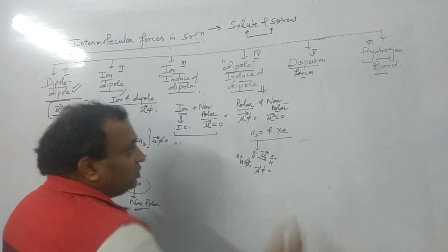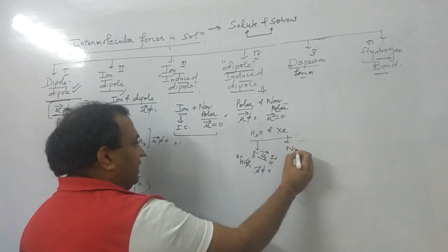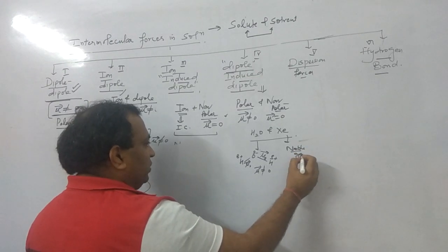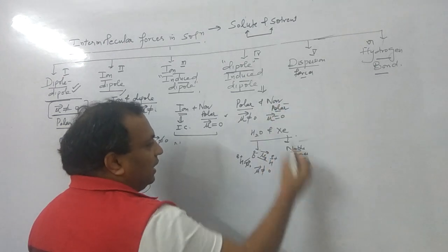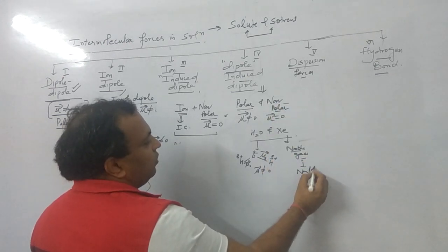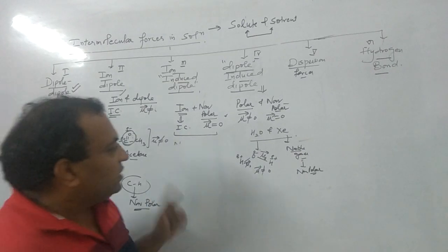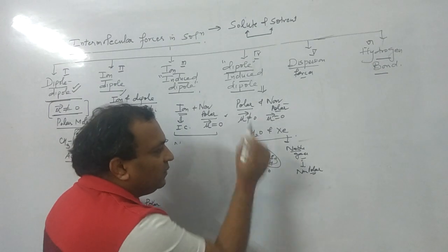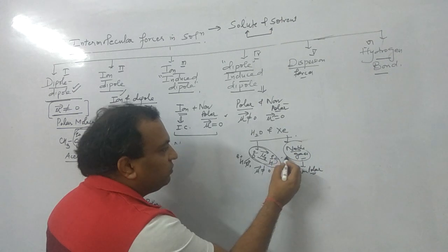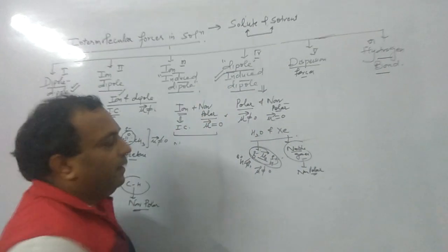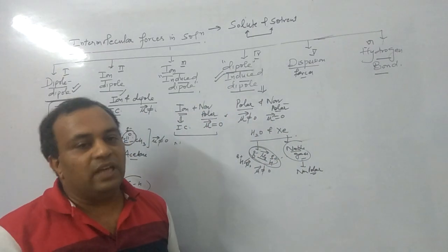Xenon is a noble gas and we know that the nature of noble gases are non polar, means they do not have any charge. So this dipole attracts the noble gas with a force that is said to be the dipole induced dipole force.